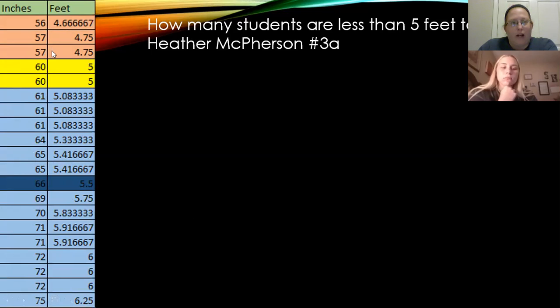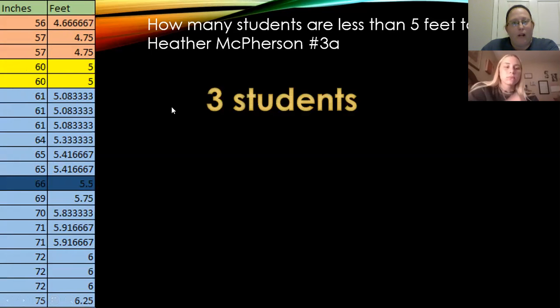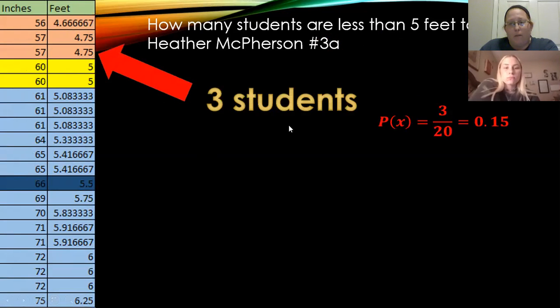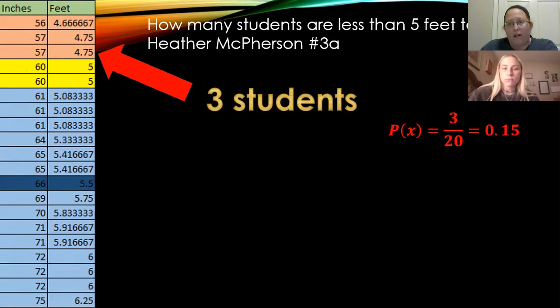Since we know that 5 foot equals 60 inches, that means anything under 60 is under 5 feet. And so here we have 3 students that are under 5 foot. And so the probability is going to be P(x) equals 3 over 20. So about 15% of the students are under 5 foot.